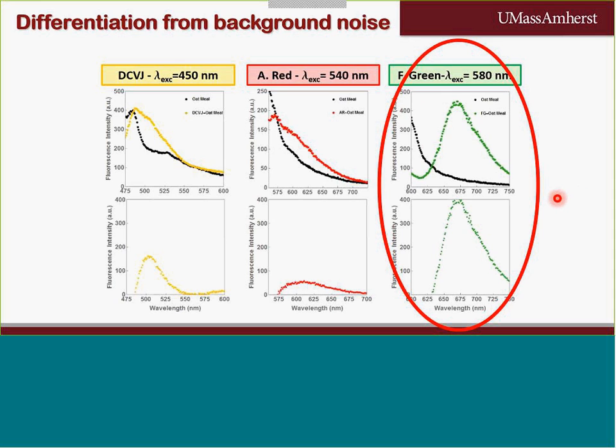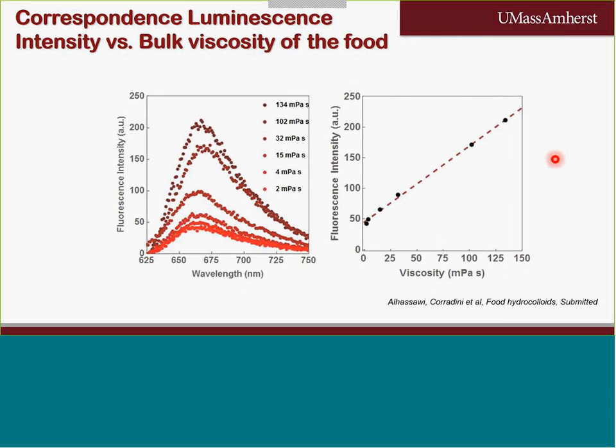Additionally, we correlated several solutions of the material that we wanted to digest with the fluorescence intensity. We have a good correlation between the fluorescence intensity from the molecular rotor and viscosity itself.